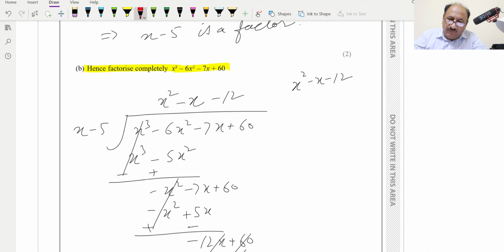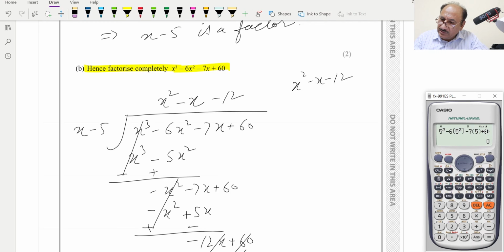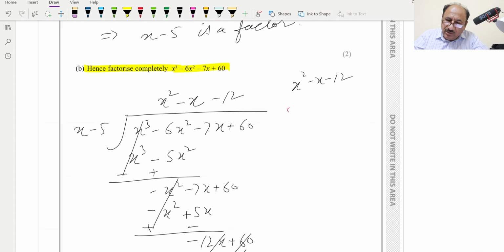So now we have to factorize this x squared minus x minus 12. We are not setting it equal to 0, we are just factorizing the expression. The coefficient of x squared is 1, the coefficient of x is minus 1, and the constant is minus 12, so this will be 4 and minus 3, so we can write x minus 4 and x plus 3.